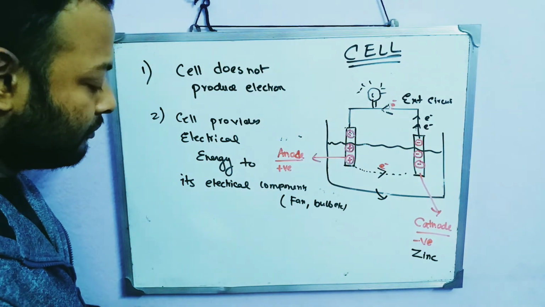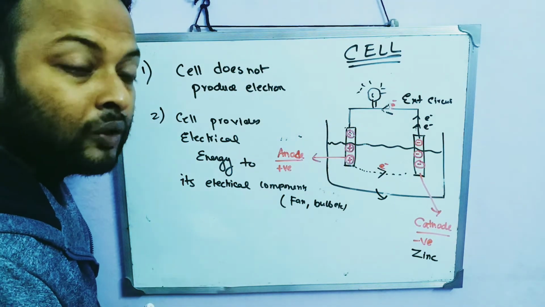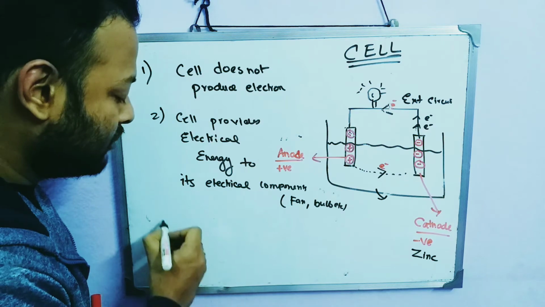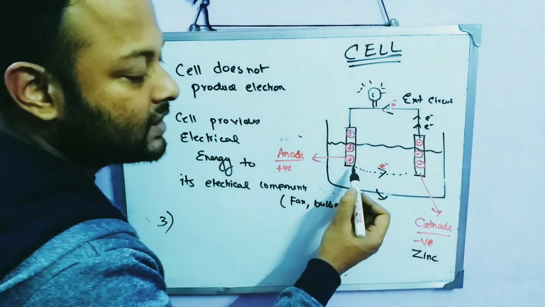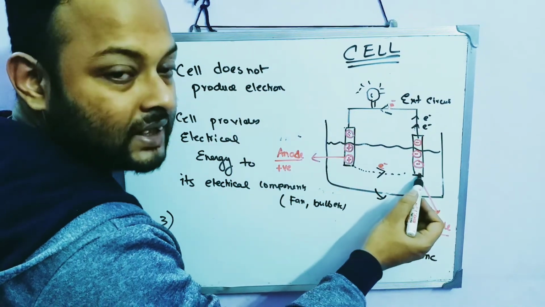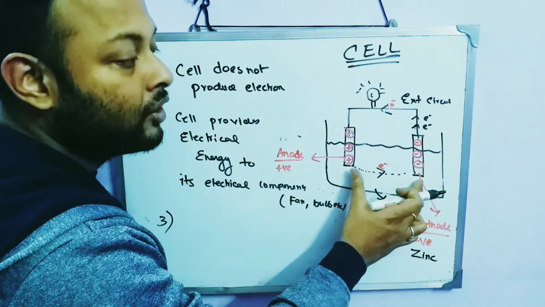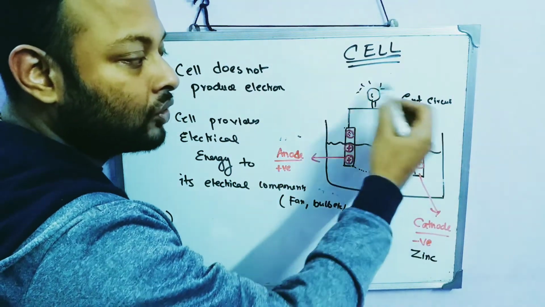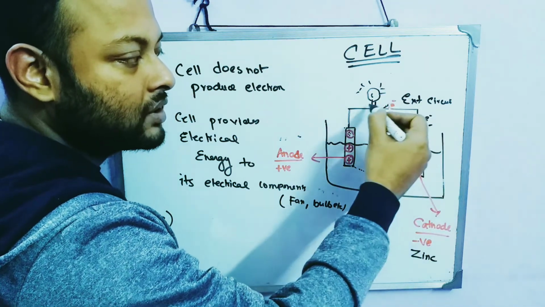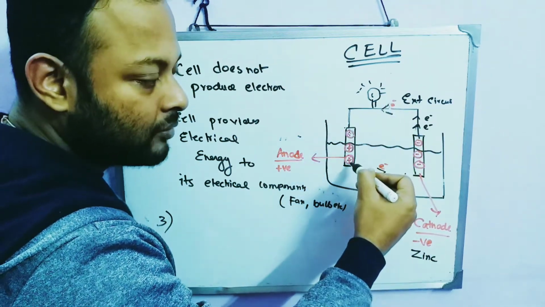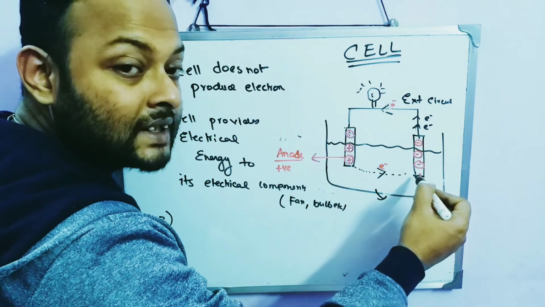And the third thing, a cell will only function if there is a potential difference. One side is positive and one side is negative, and this potential difference has to be maintained to make sure that the electrons flow from negative to positive in the external circuit, and from positive to negative inside the electrolyte.